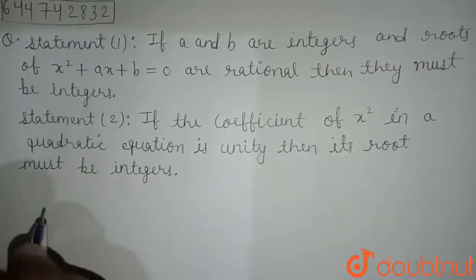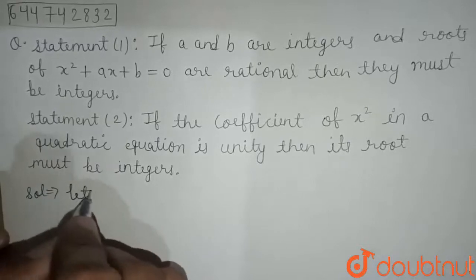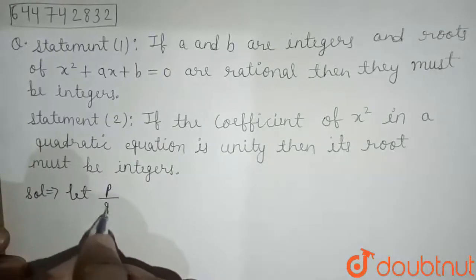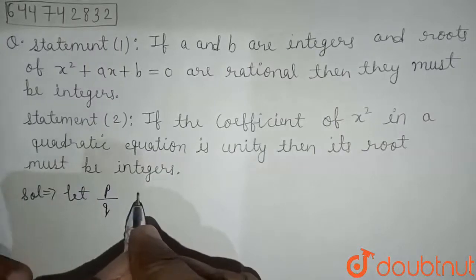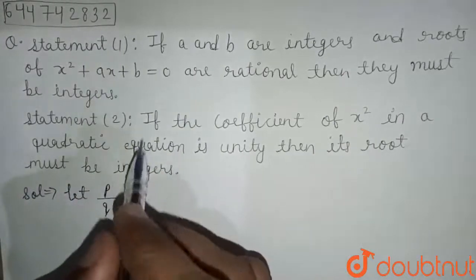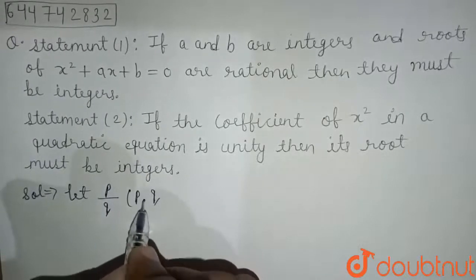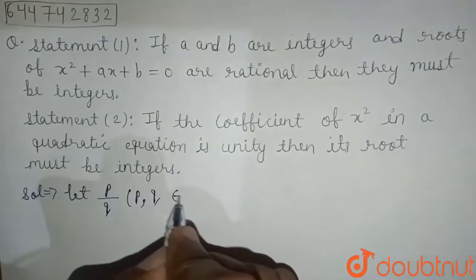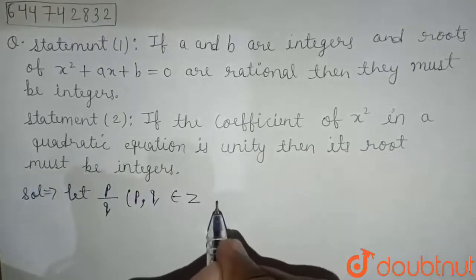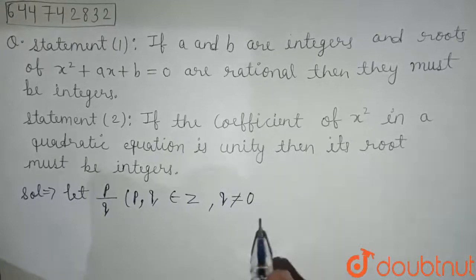So let p upon q be a root of this polynomial equation, that is x square plus ax plus b. So p, q belong to the integers, and q is not equal to 0.